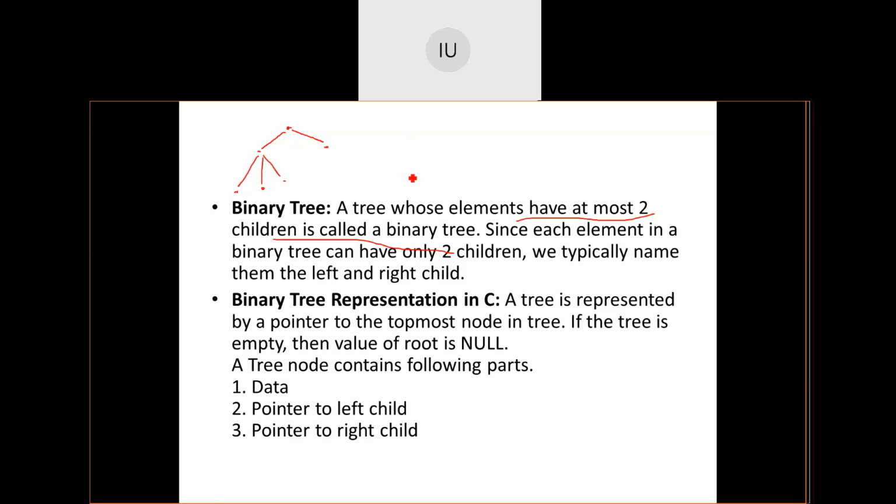Now the next one. Now tell me, what is the type of the tree here? Binary. Why is it binary? Though there are only 2 edges in level 2, you can see the first node is having 2 children. Based on that you have to decide.